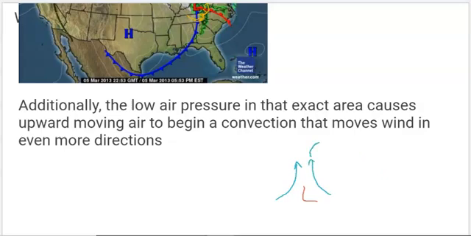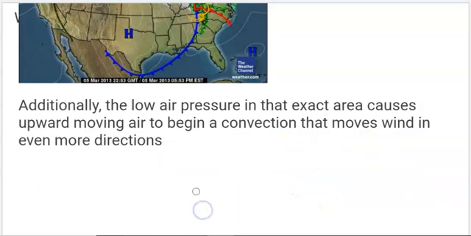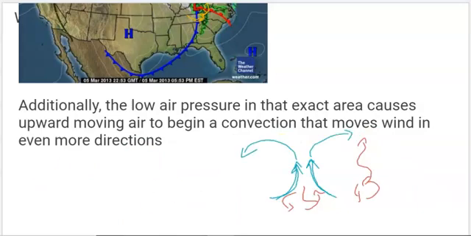And both of these upward moving airs are part of convection currents. So now we've got air moving here and here, wind moving upward, and at the bottom we already had those air masses moving here and here. You can see we've now got wind moving in this direction and in this direction, and we've got the ingredients necessary for a tornado. We've got wind moving in lots of ways. I'm going to leave that. That's pretty good. I'll just try to type around it for you if you want to have that.